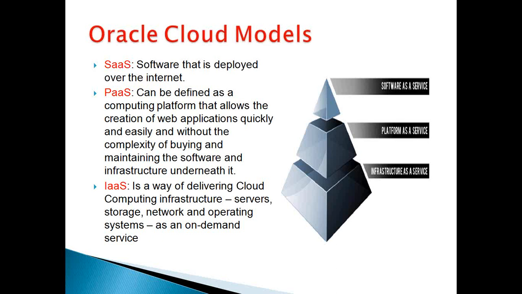So basically, cloud computing is an on-demand service, which will be resourcing the pool, and it will be available to multiple customers with a common infrastructure. And this is where we have all the three different categories.